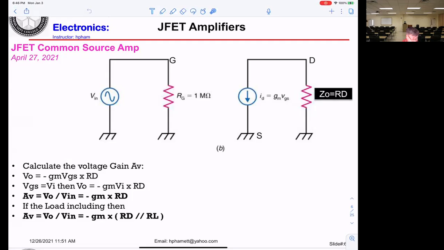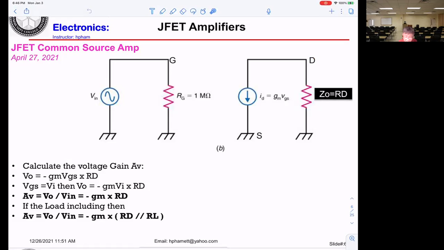If you want to do the calculation, for example, if you want to calculate V out, that means the output here, V out, and the current flowing here, the value will be GM times VGS.